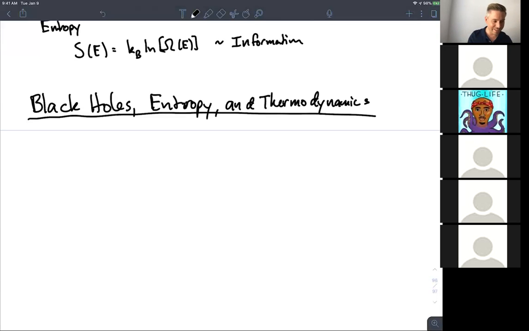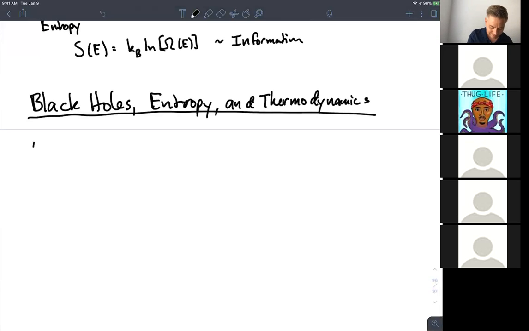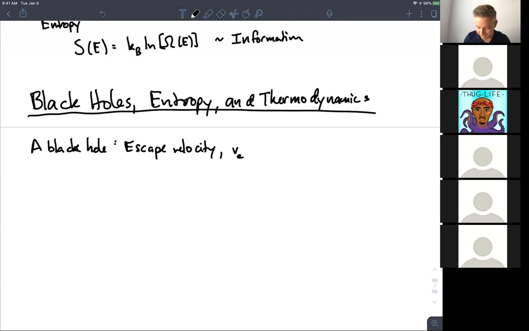The defining characteristic of a black hole is that its escape velocity is greater than or equal to the speed of light. So the escape velocity, which I will call v_e, is greater than or equal to c. Well, I guess it shouldn't be equal to, because then that would imply that it could get away. So it's got to be greater than the speed of light.